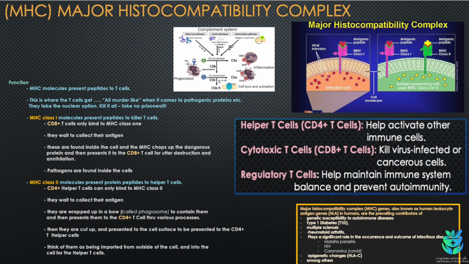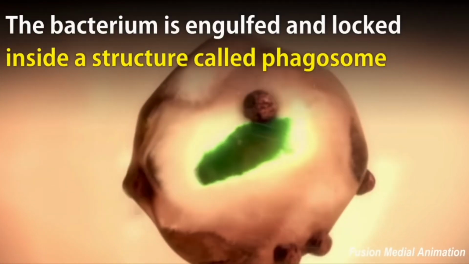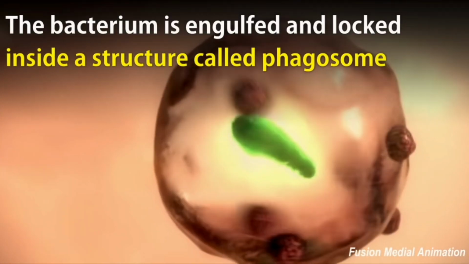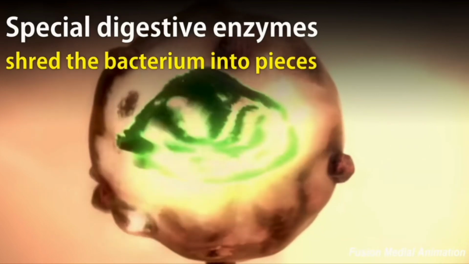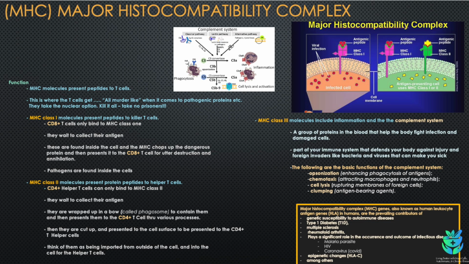CD4+ or helper T cells can only bind to MHC class II. They wait to collect their antigen. They are wrapped in a bow called a phagosome to contain them, and then present them to the CD4+ T cell through various processes. To illustrate this, I found the perfect video to help you to understand what it does.